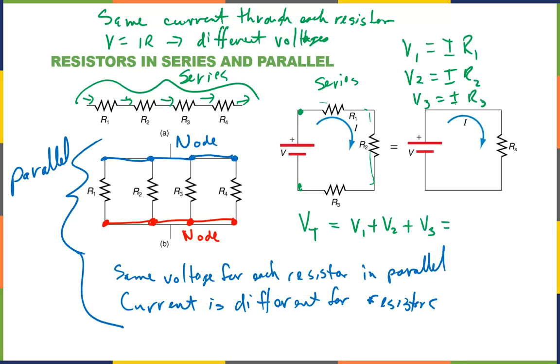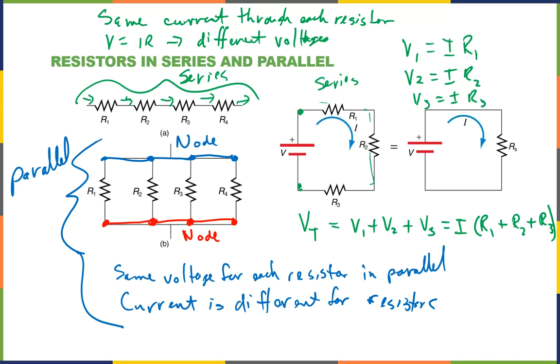Each one of these had the same current, so I'm going to factor that out. So that's current multiplied by I times R1, plus I times R2, plus I times R3. And so my total voltage is current times R1 plus R2 plus R3. So what's my equivalent resistance?